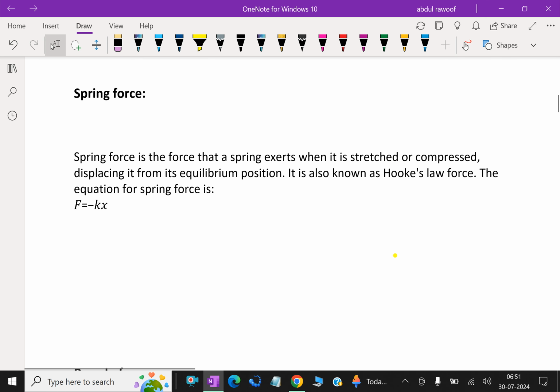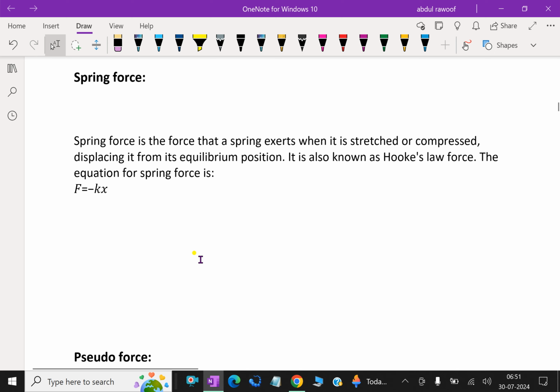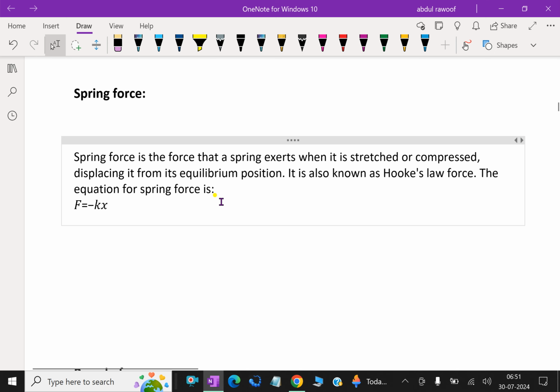Next is spring force. The spring force is the force that a spring exerts when it is stretched or compressed, displacing it from its equilibrium position. It is also known as Hooke's law of force. The equation of the spring force is F equals minus Kx, where K is the spring constant and x is the extension.